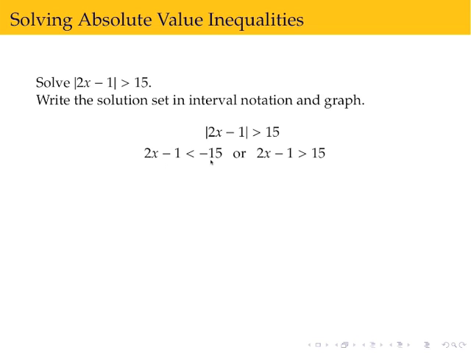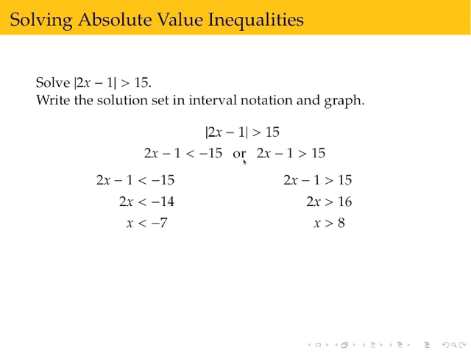First we'll start with the first one. And we just go through the process, and x is less than negative 7. Then we still have this. We can't forget about our second inequality. So we have two inequalities that tell us the solution set.